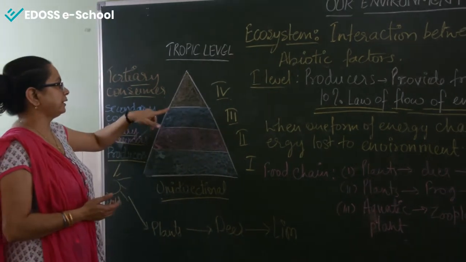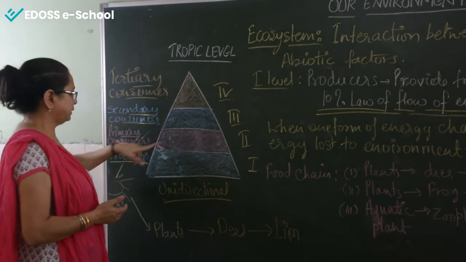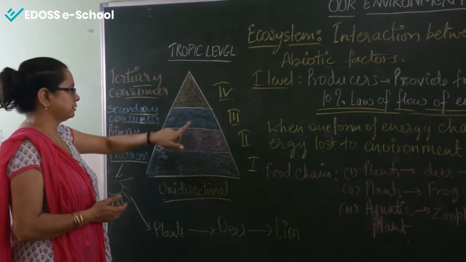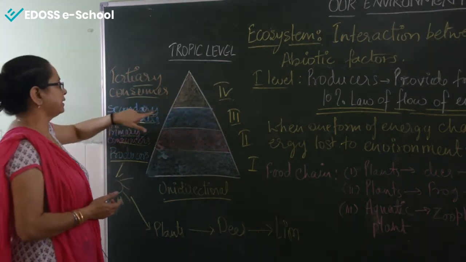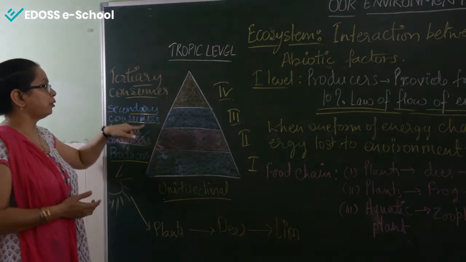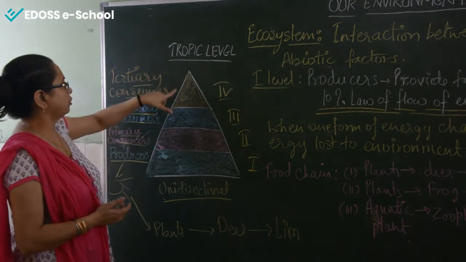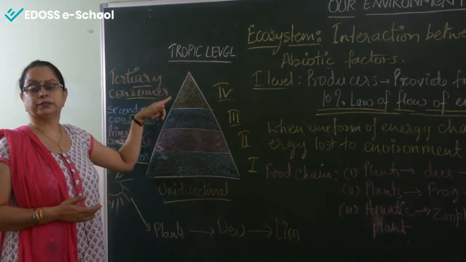Next to it, the third level includes the secondary consumers: producers, primary consumer, secondary consumer and tertiary consumer. On the third level, the small carnivorous animals are included, and on the top, the tertiary consumers, the large carnivorous animals.